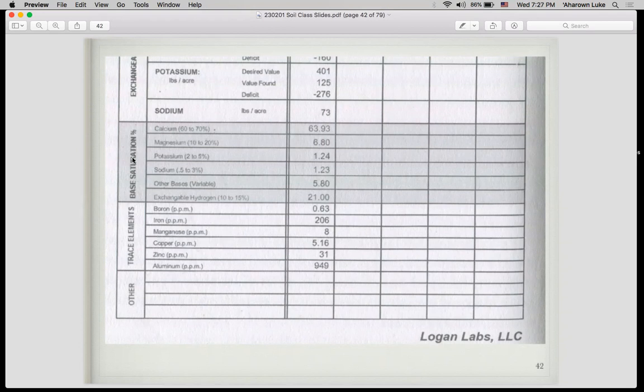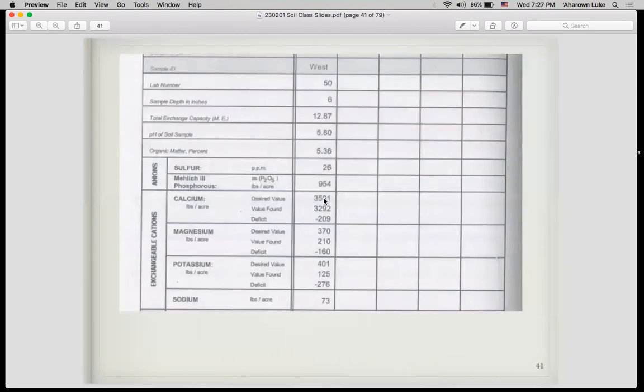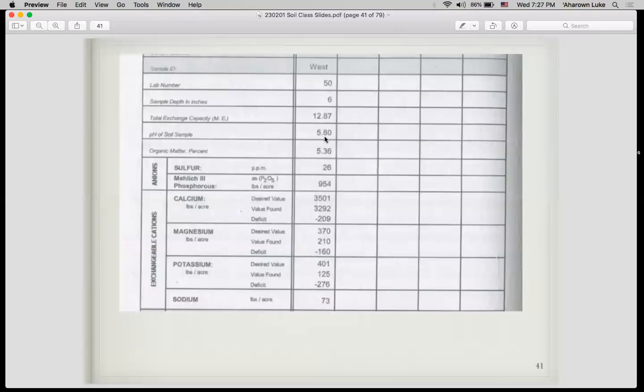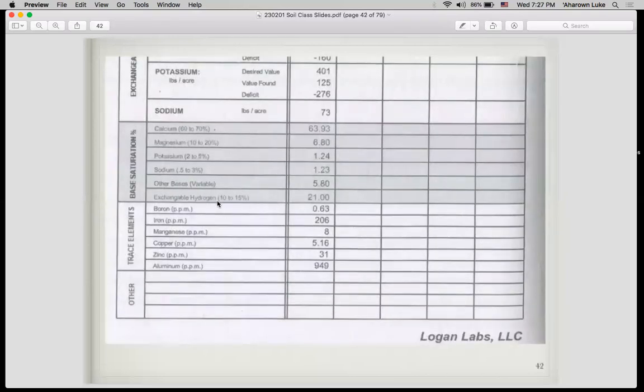They have a base saturation percent, which is the percentages that William Albrecht came up with, if you remember. On this test, you can see the pH is a bit off. The pH is 5.8, so that's ridiculous. You can tell because there's lots of hydrogen over William Albrecht's 10% goal.